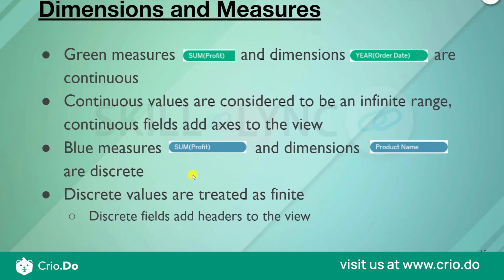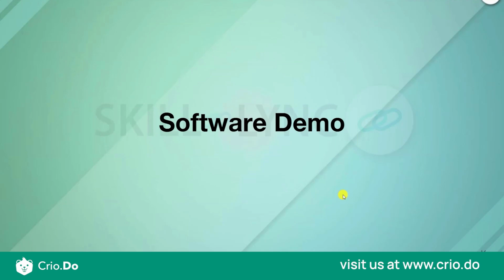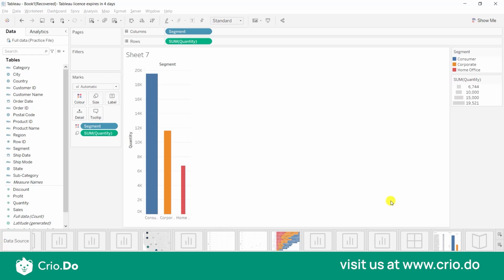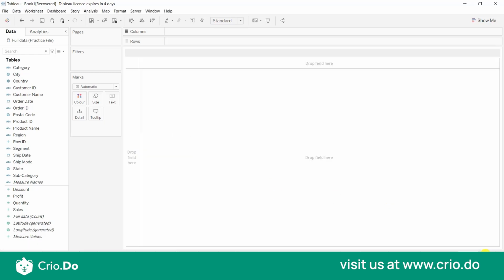You can consider all the green ones as continuous and all the blue ones as discrete. Green ones are numbers and the blue ones are text values. Discrete values are treated as finite. We will continue to see the difference between all this in the software demo, and see what the data types are first.